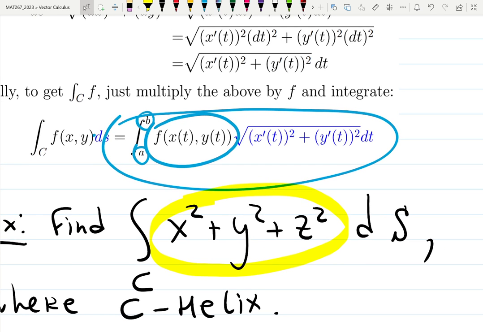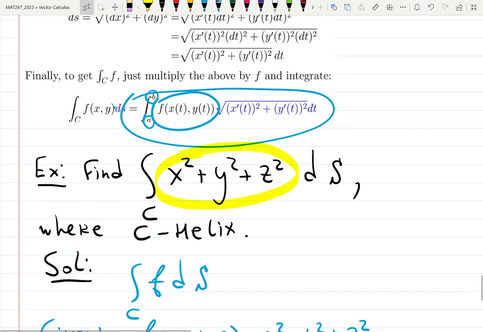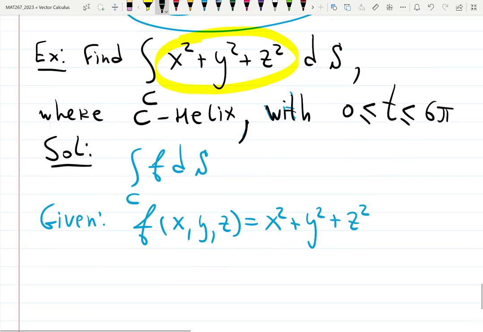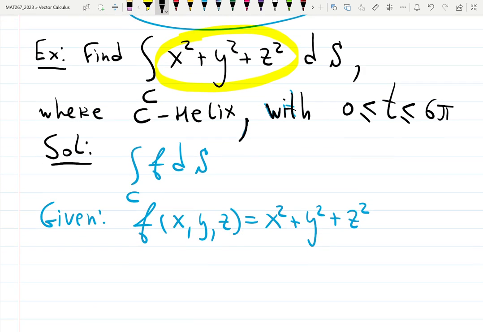So did they ever tell us from where to where? Oh, they did. Where helix, yeah, that's given. So put a comma with t running from 0 to 6 pi. Okay, so we have t given.